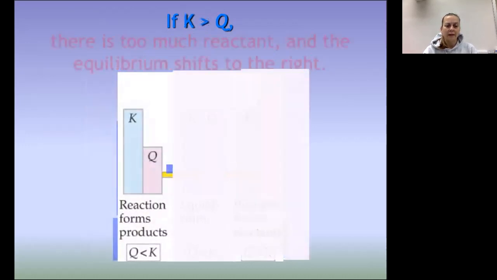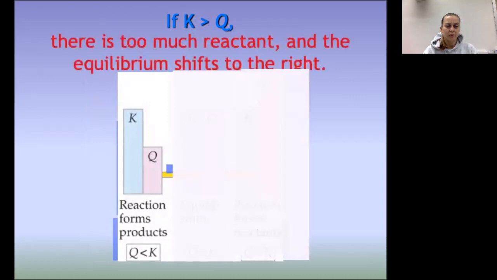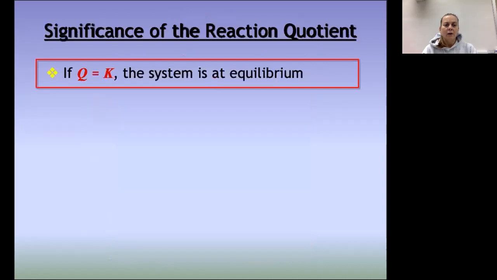If K is greater than Q, then there's too much reactant. And so our equilibrium is going to shift to the right and make more products to bring us back to equilibrium so that Q and K can be the same. So to sum that up, if Q equals K, the system is at equilibrium.